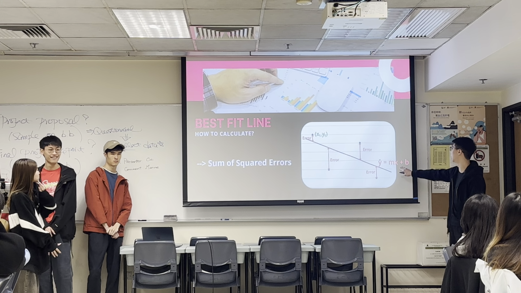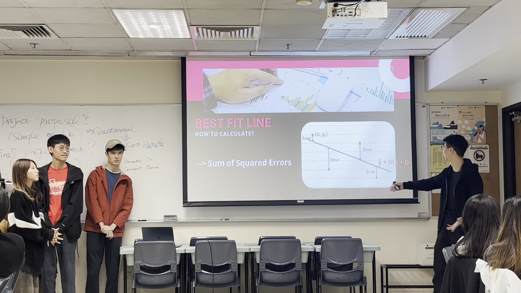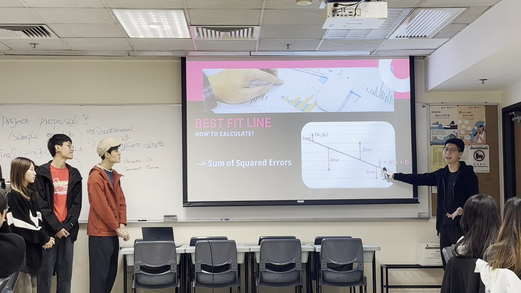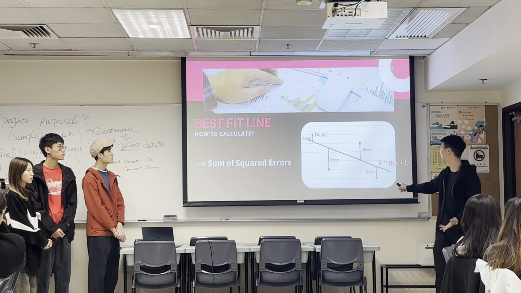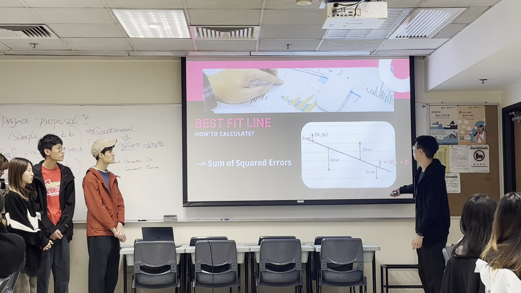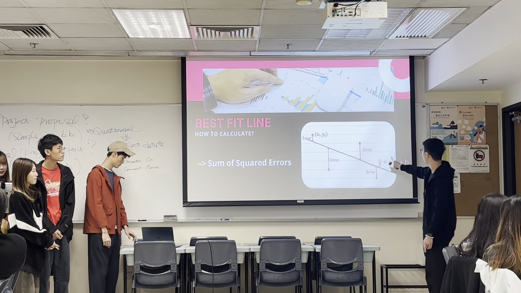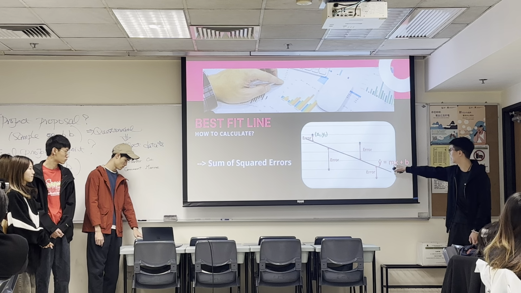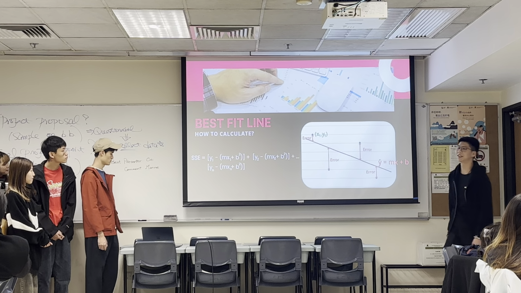You can see the equation here is the one we learned in secondary school. Y hat is the estimate. So the estimate of this best fit line equals mx plus b. M is the slope, b is the y-intercept. By looking at this point, y1, and the y value of the best fit line, we get this equation.